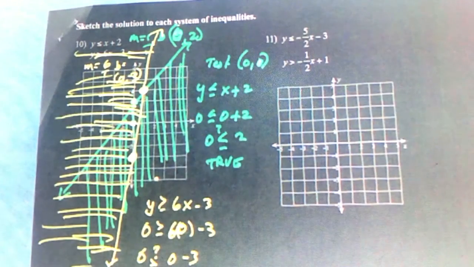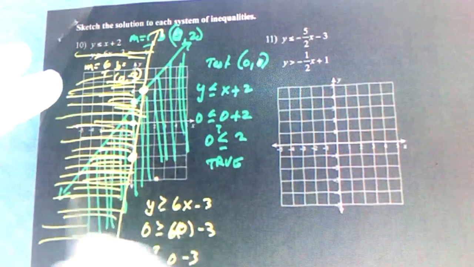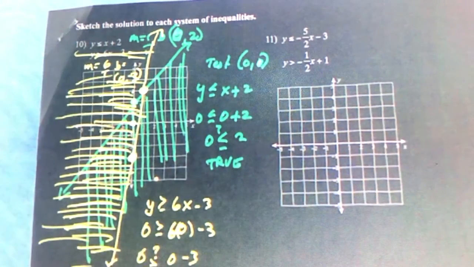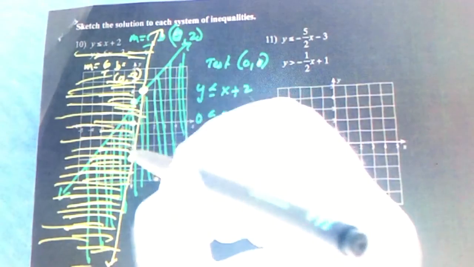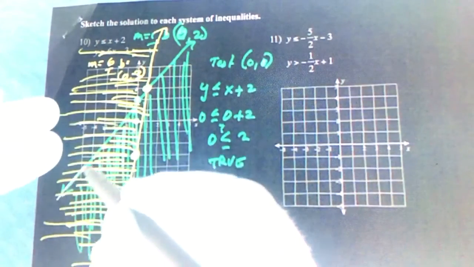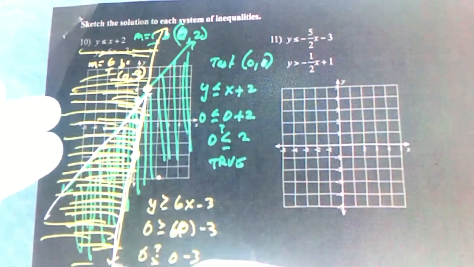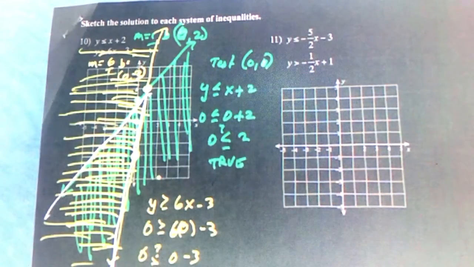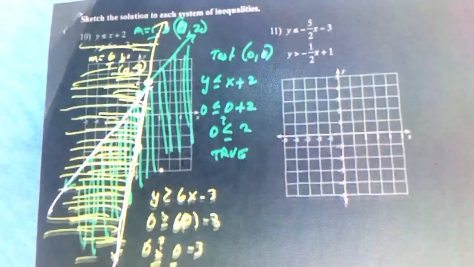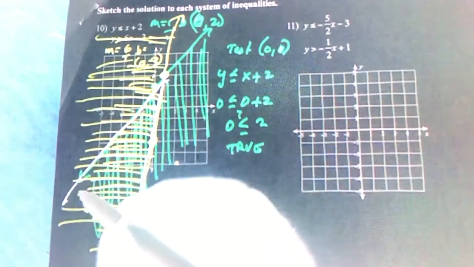So it's like a cross hatch. I'm going to emphasize that a little bit by shading those lines in there, and then emphasize it with the other color. You can see that this section right along this borderline, all the way up that line, creates a triangle. And that section right there is the solution set to this system of inequalities. There it is. Some people like to circle it as well.